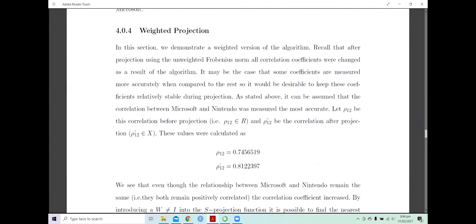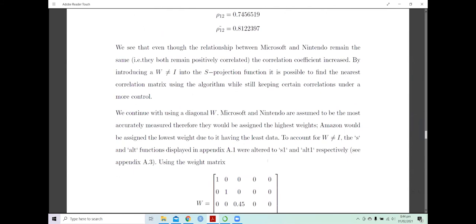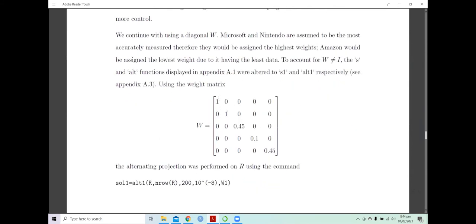So I reiterated here that the correlation between Microsoft and Amazon was 0.746, and it changed to 0.812. If we weight the matrix, let's say 1, 1, 0.45, 0.1, and 0.45, these reflect the degree of accuracy of the observed variables. If you remember, Amazon didn't have that much data corresponding with these here.